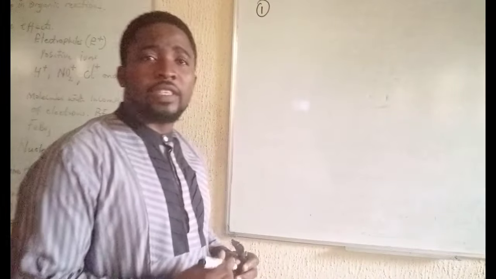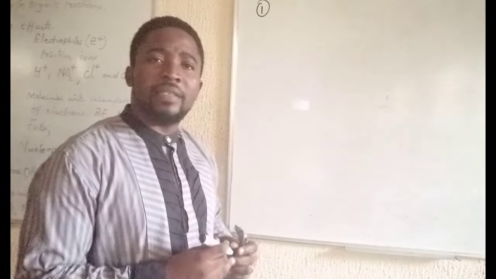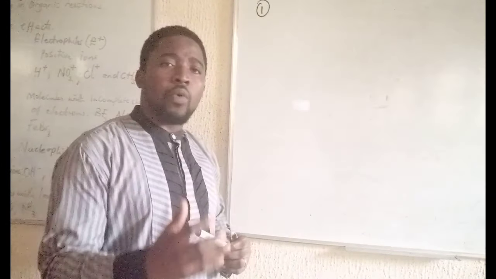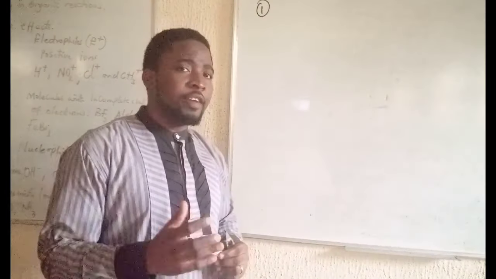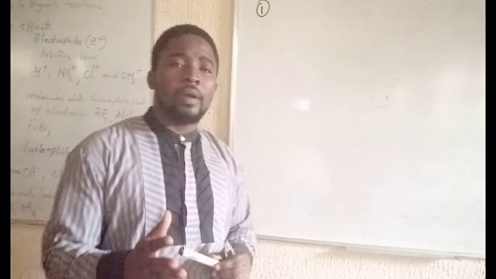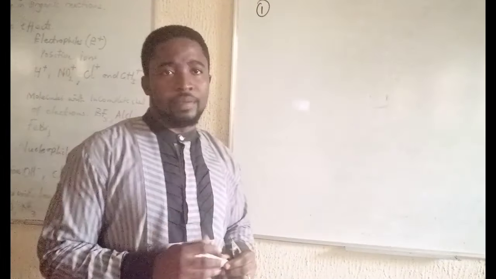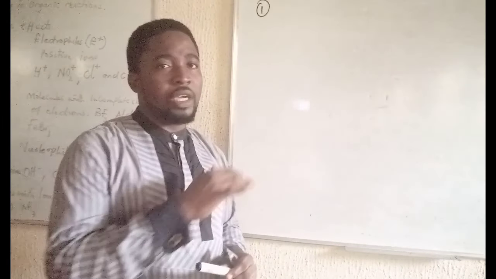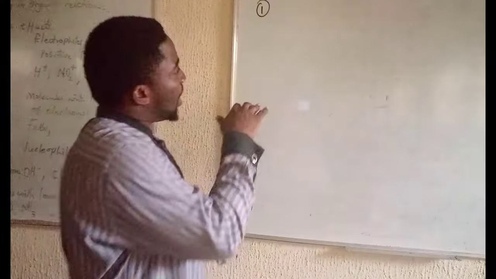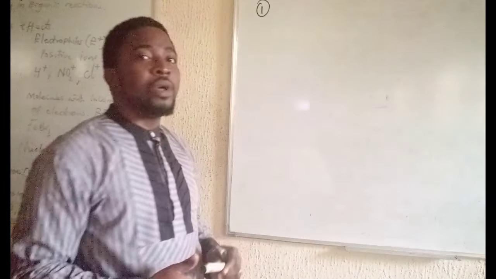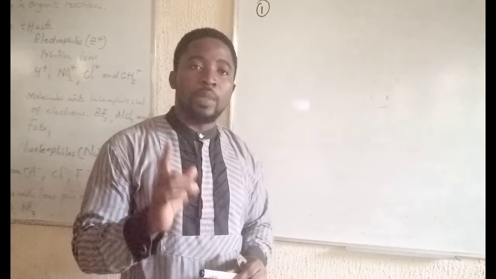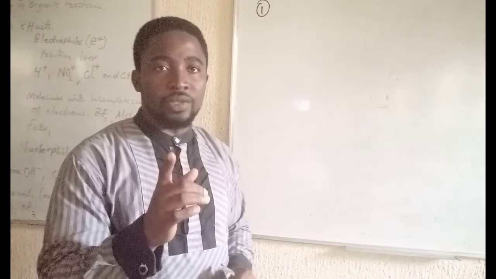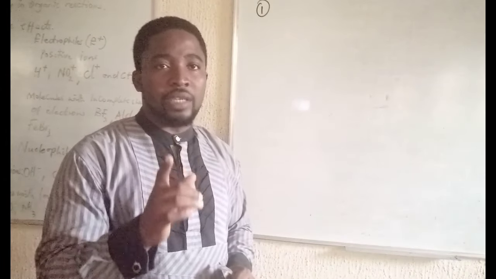Okay, without wasting much of our time, let's look at some of the basic things that we need to know before we go into this topic. Remember, once more, the topic is organic reactions and mechanisms. To understand the mechanism of organic reactions, we are expected to know some things I want to explain now. One of them is types of organic reagents.